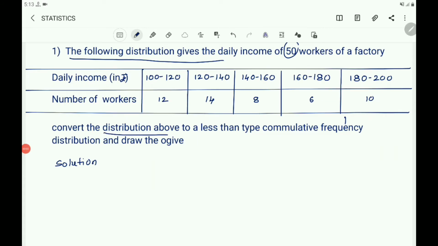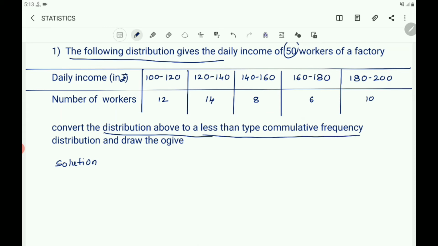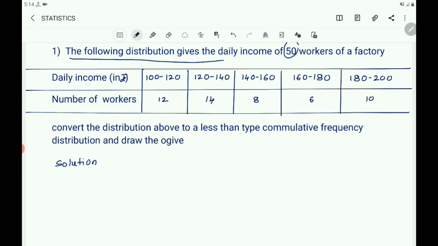Convert the distribution above to a less than type cumulative frequency distribution and draw the Ogive. Here we have to draw the Ogive of less than type. For less than type, we take the upper limit on the x-axis and the corresponding cumulative frequencies on the y-axis.